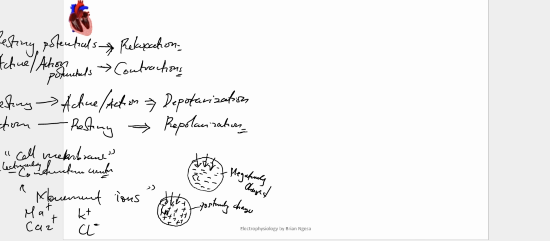The cell membrane should be having some specific channels that allow these ions to either enter or exit. So ions are very important in determining the electrical state of the cell. And of course the cell membrane, because the cell membrane possesses the specialized gates that allow for the entry and exit of these ions.